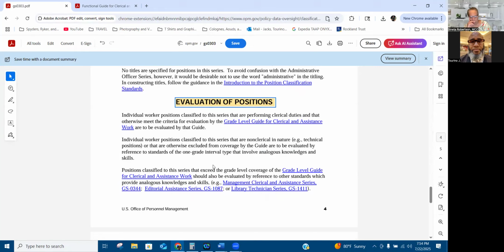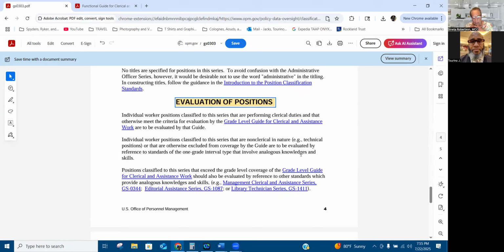Individual positions classified to this series that are non-clerical in nature, which basically means they're technical positions, or are otherwise excluded from the coverage by the guide, are to be evaluated by references to standards of the one grade interval type.